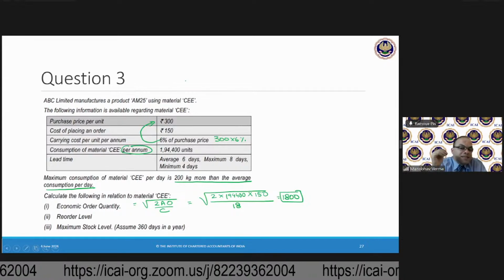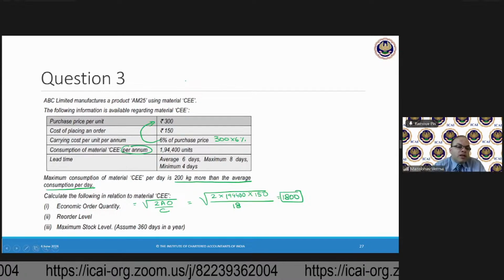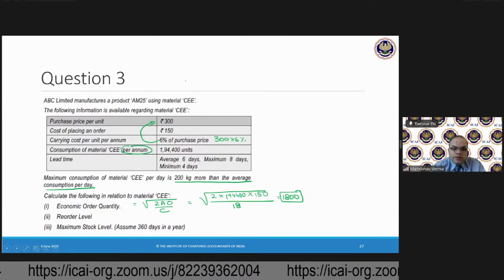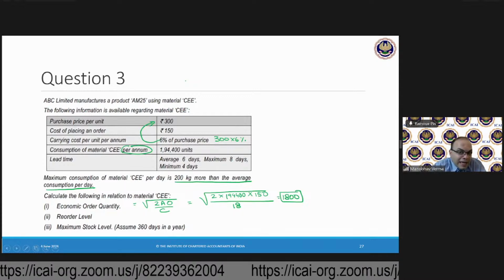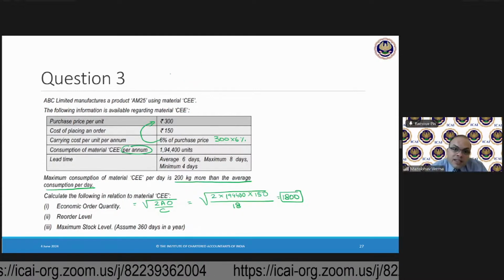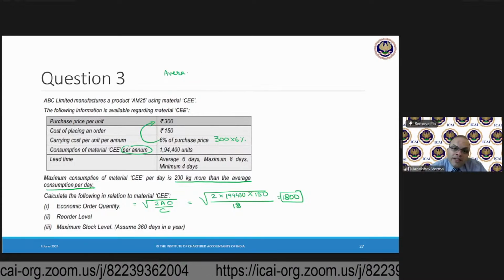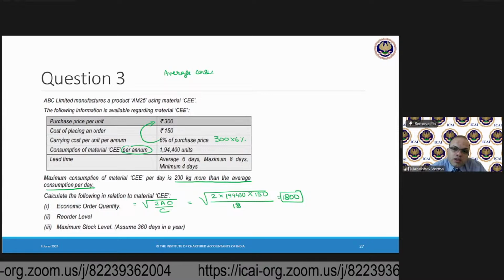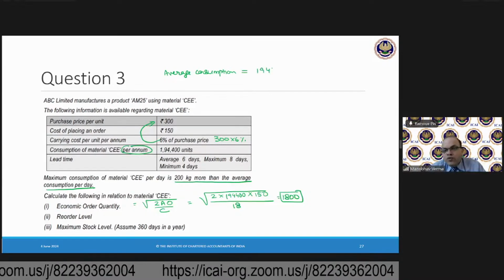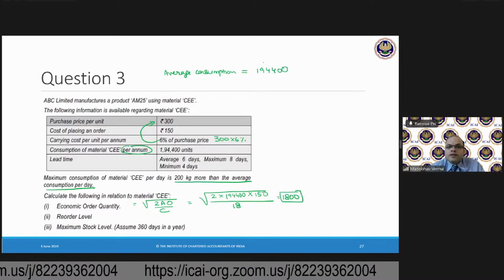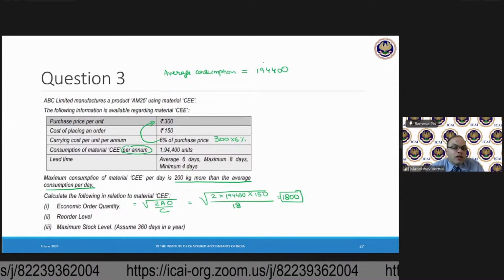So if I talk about the maximum consumption, guys, what would be the maximum consumption for us? I think for that, we need to calculate the average consumption. So if I want to calculate my average consumption, we are looking at 194,400. This is given to us for annual.